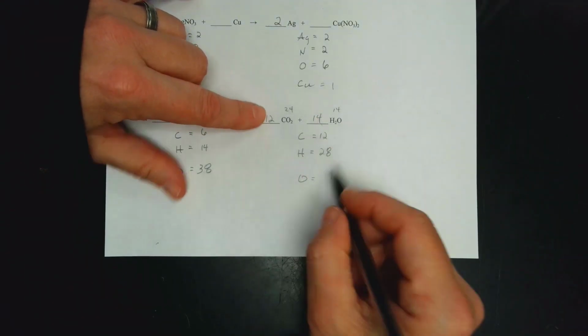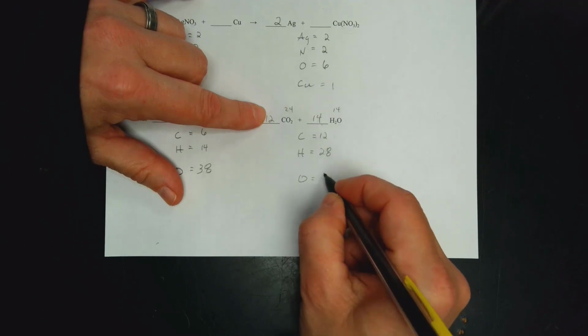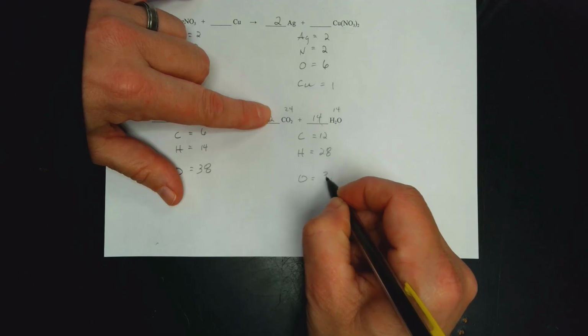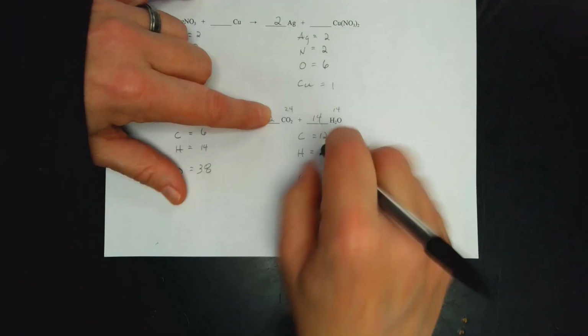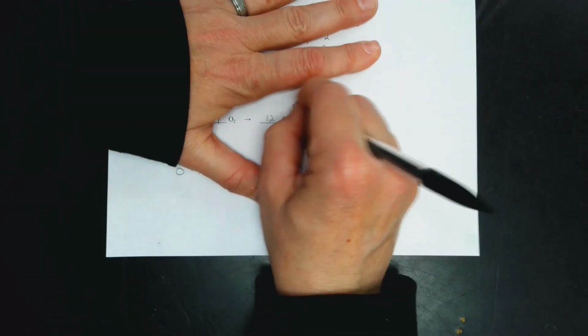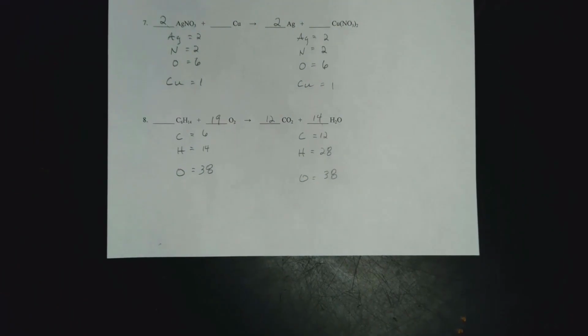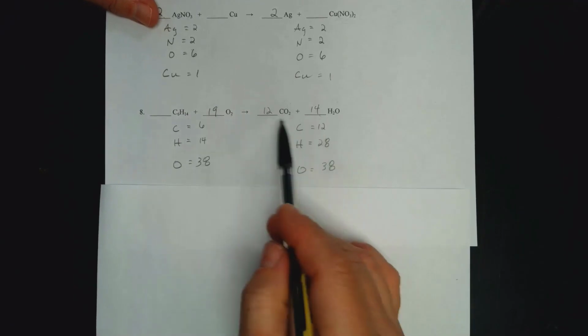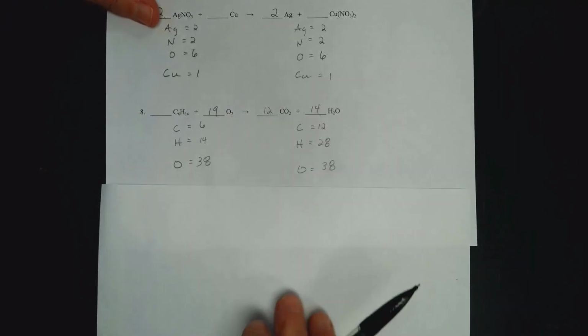And if I add those up, that works out for me because now, look, 24 plus 14 is 38. So I just managed to balance my oxygens. Hooray for me. Because I know I had to gain a lot of oxygens, that's why I went ahead and doubled it. Now, if I hadn't balanced this, I would have just kept messing with this until I got this 38 balanced.